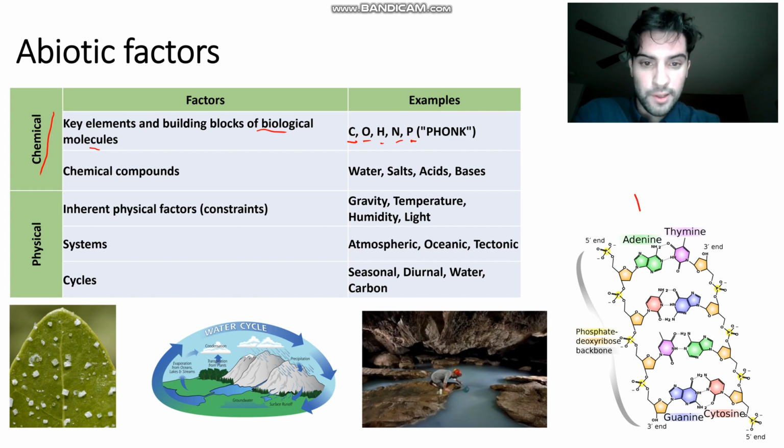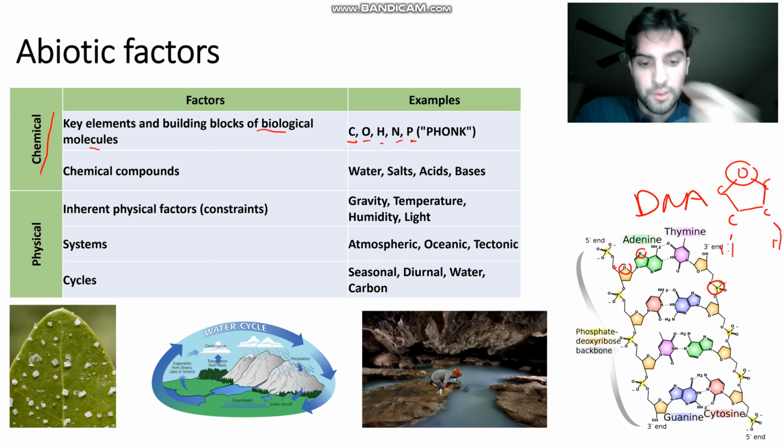So if we look at DNA, this is DNA. If I make this structure, these corners here are carbons. This is oxygen, so we have oxygen there, we have nitrogen, we have phosphorus, and obviously we have hydrogens, which are not even depicted, but basically you have hydrogens attached to the carbons.